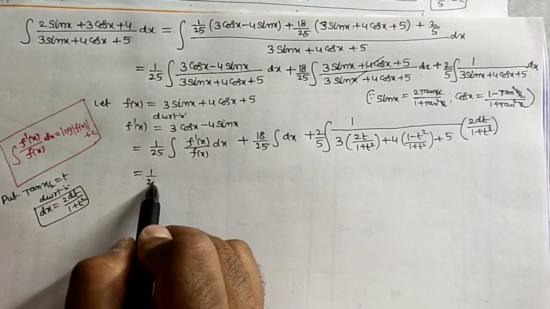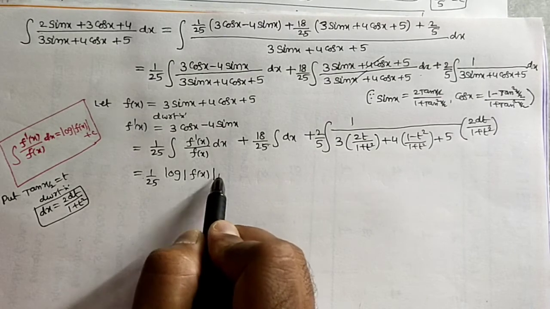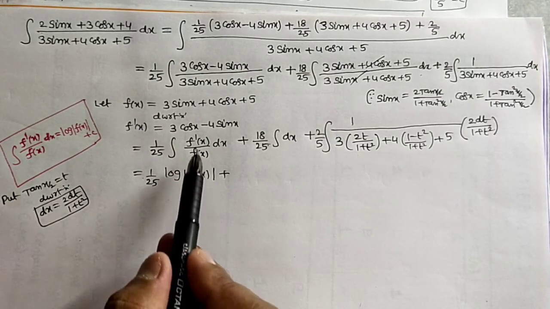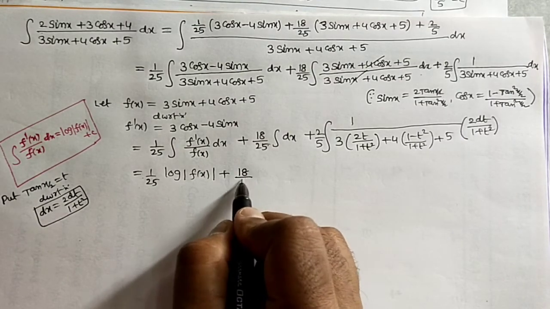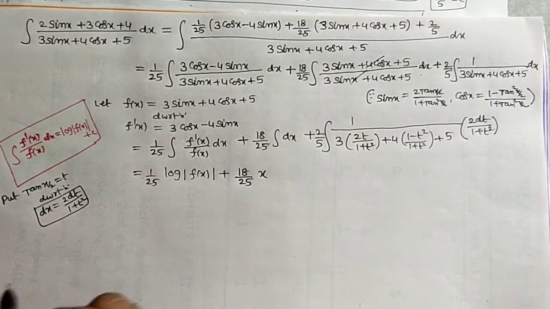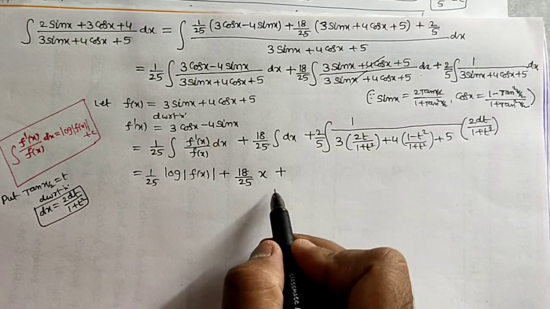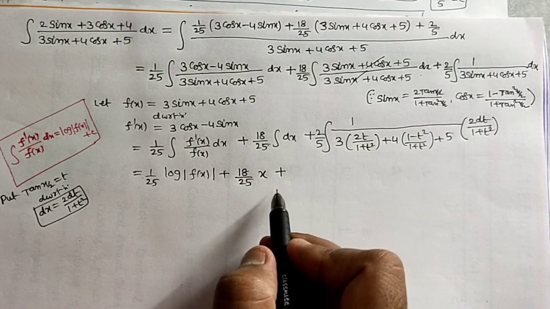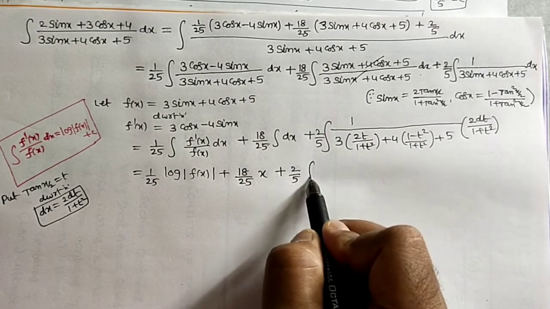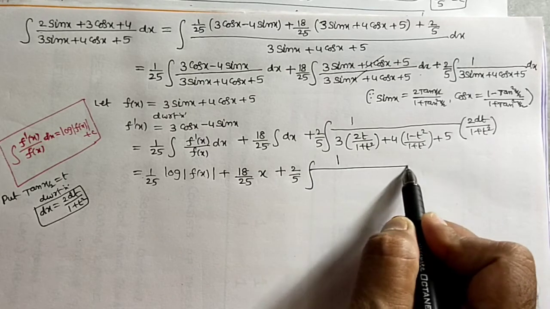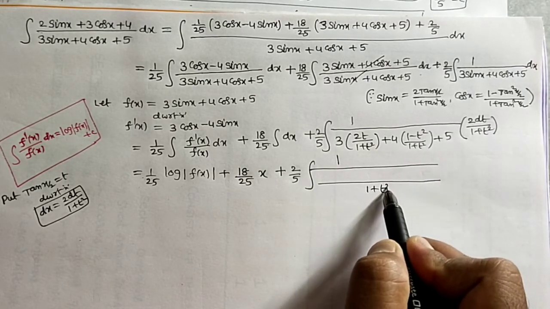1 by 25 log mod f of x plus f dash of x by f of x, we applied this formula. 18 by 25 integral dx is x. At last we will write one constant, no need to write for every integral, at last we have to write it. So after that 2 by 5 and simplifying the denominator by taking LCM, 1 plus t square is the LCM.